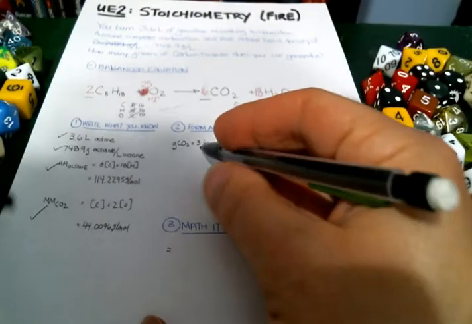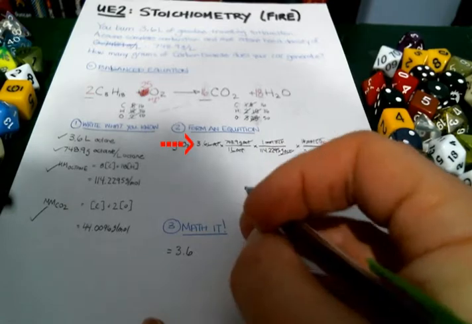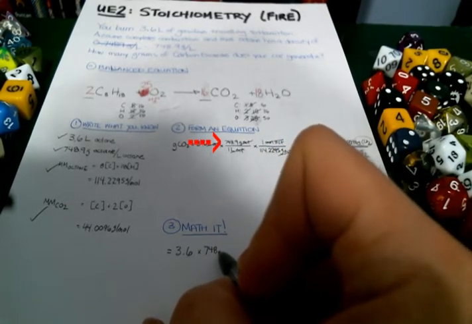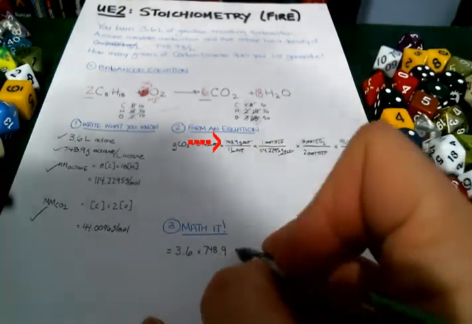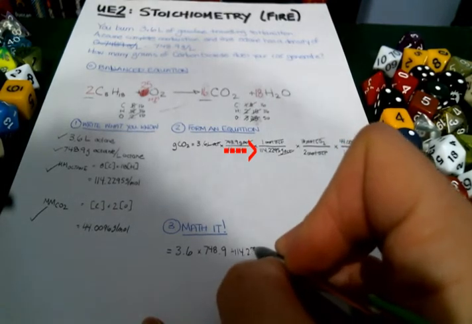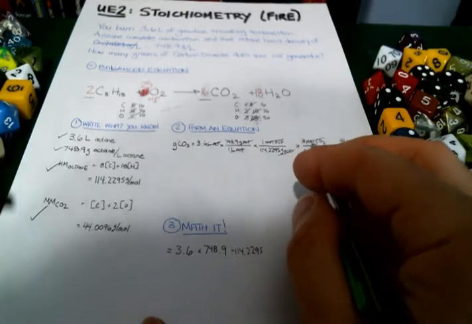All right, so I've got the 3.6 liters to start. Again, at this point, you don't have to worry about the units. You can just worry about the numbers. I'm going to multiply that by 748.9. Okay, that's that one there. Then I'm going to divide that by 114.2295. I'm going to multiply that by 16.